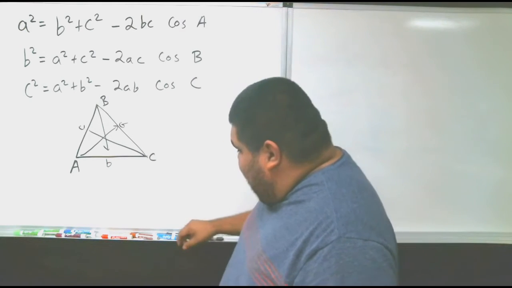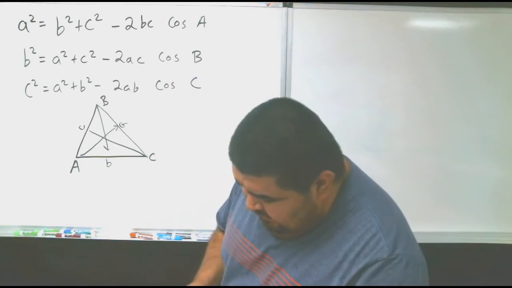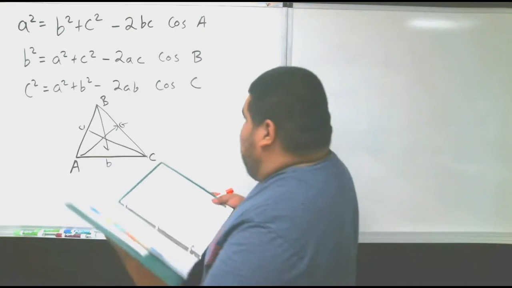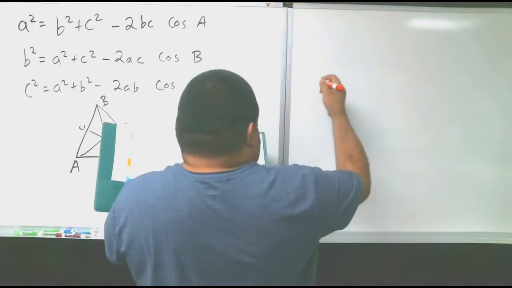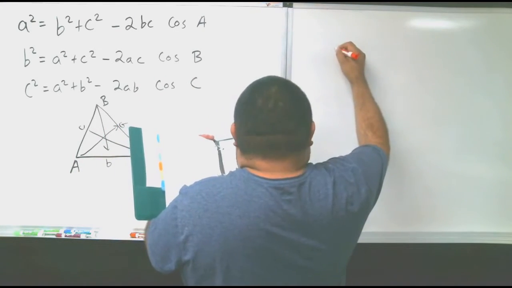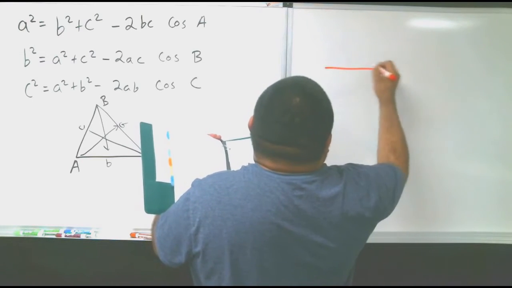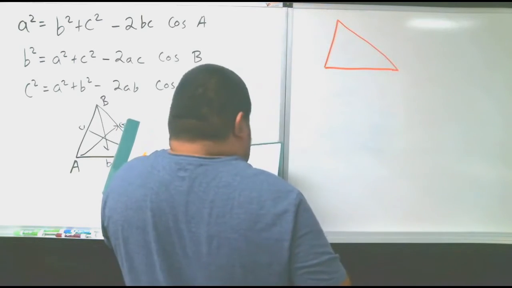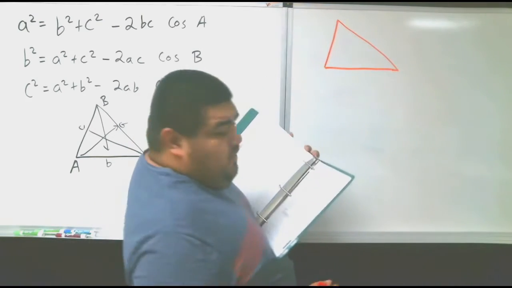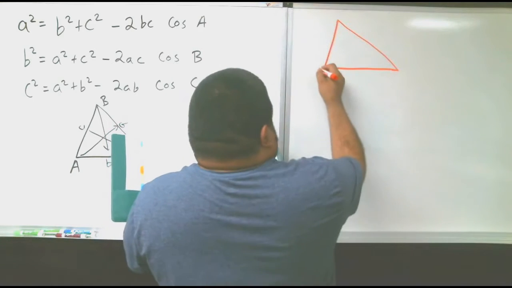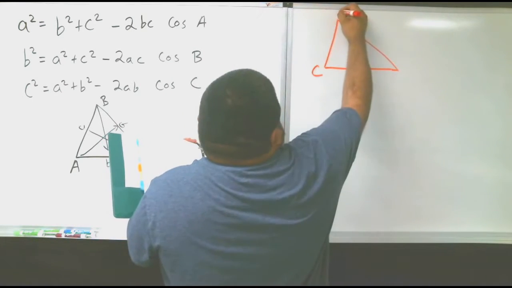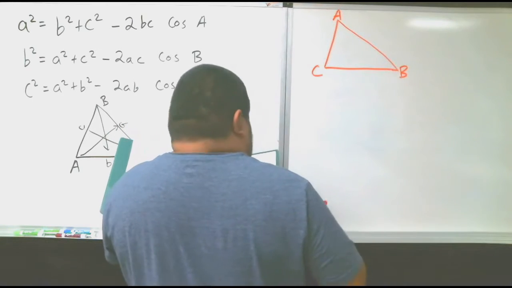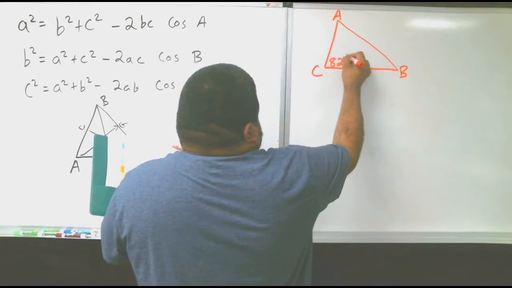So here's our example for today. If we have a triangle, let's see here. There's our triangle, okay? Our triangle has C, A, and B. It has 82 degrees.